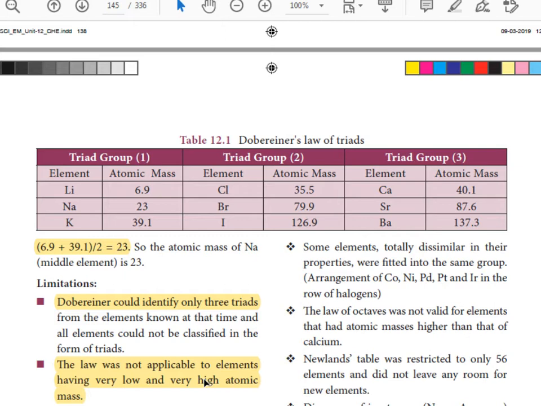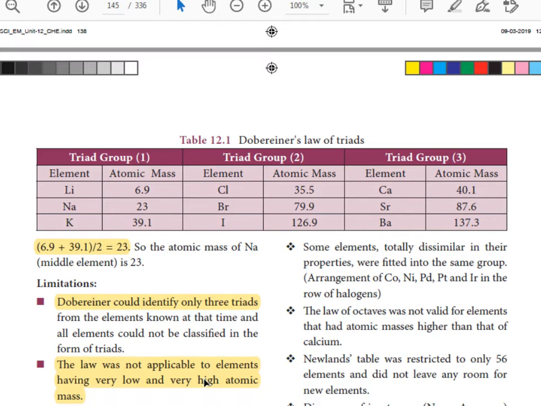So Dobereiner's law: he arranged elements into groups containing 3 elements each. That is called a triad.